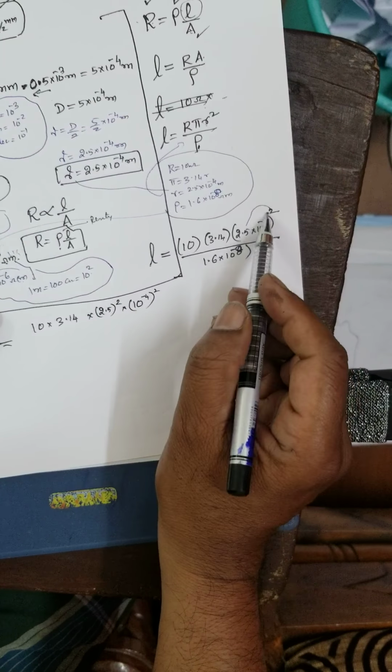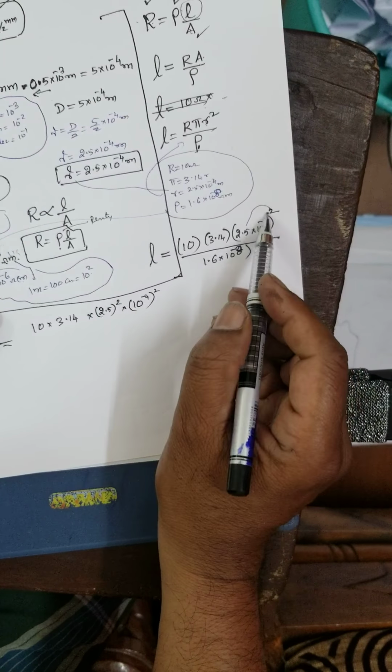First I want to simplify this. How to simplify? You remember this, right? 5 square is 25. 25 square is what? 625. That is, 5 square is 25. What is the next number? First I'll write 25. What is the next number?